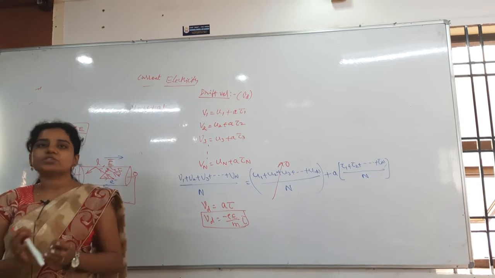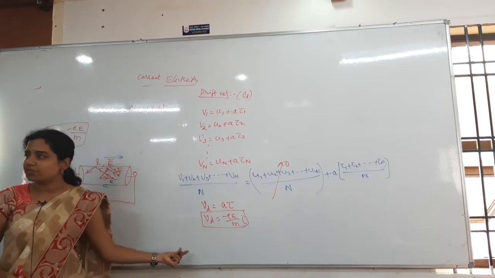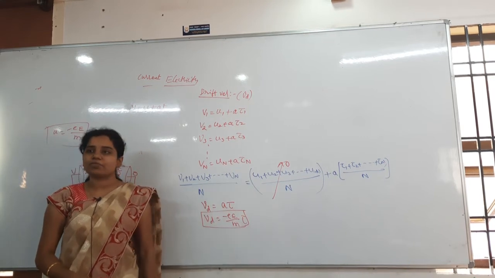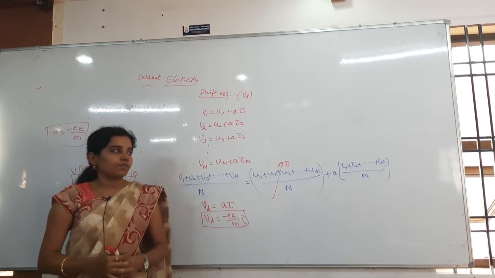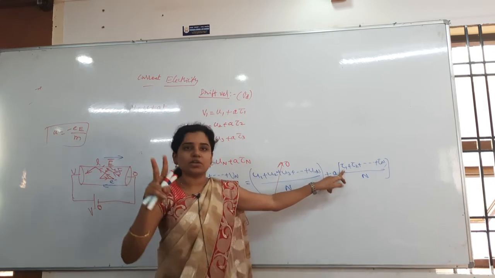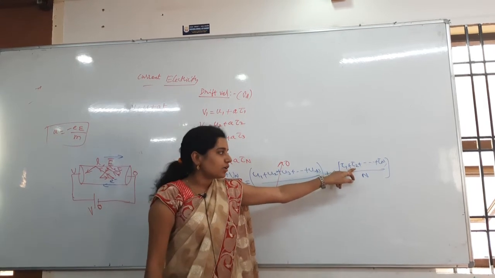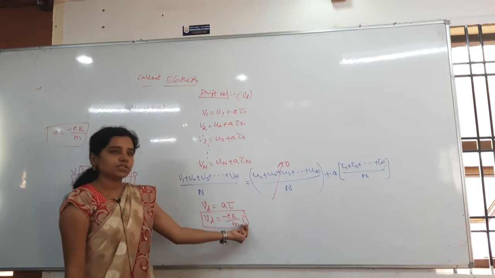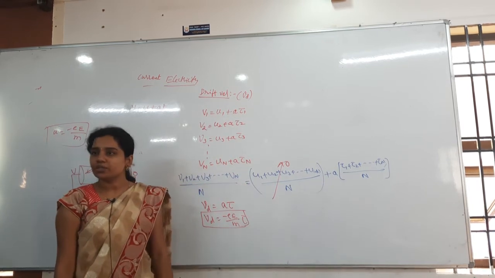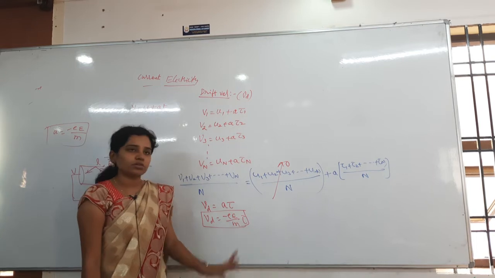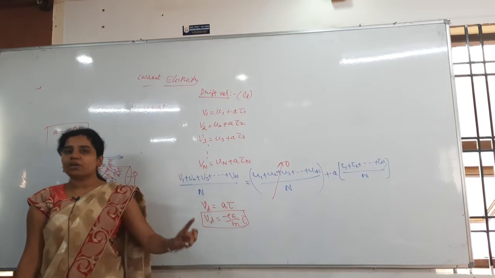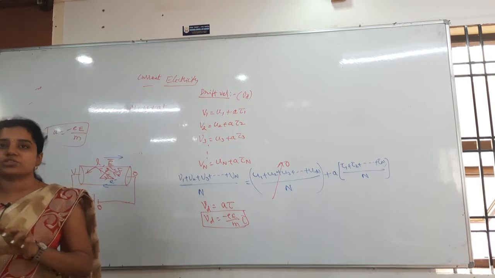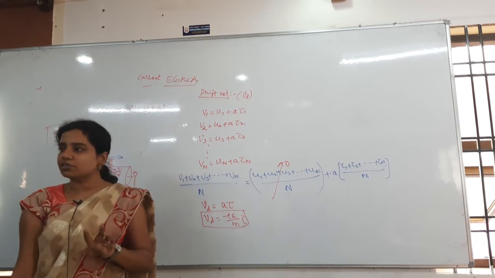So all the electrons together have velocity Vd, the drift velocity, which is equal to A into the net relaxation time, minus E by m into tau. This is one formula. One more formula will come in terms of current, I is equal to N E A Vd. That also we will discuss.